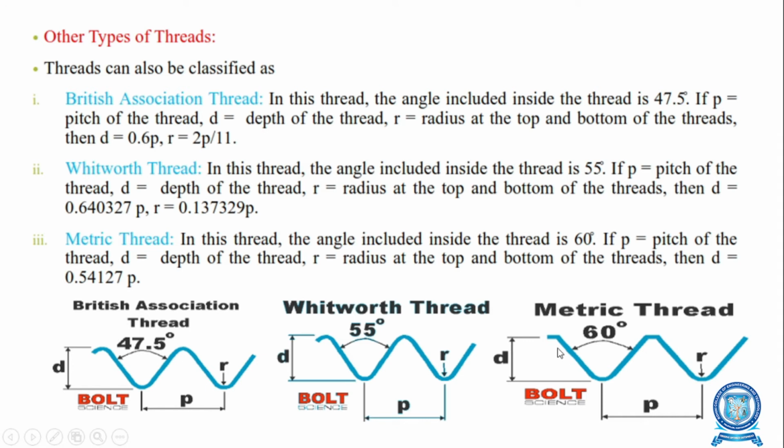So the difference between these three threads is 47.5 degrees for the British Association thread, 55 degrees for the Whitworth thread, and 60 degrees for the metric thread.